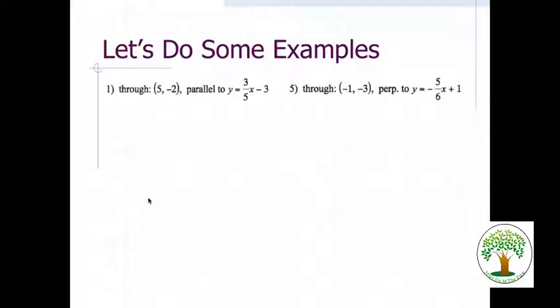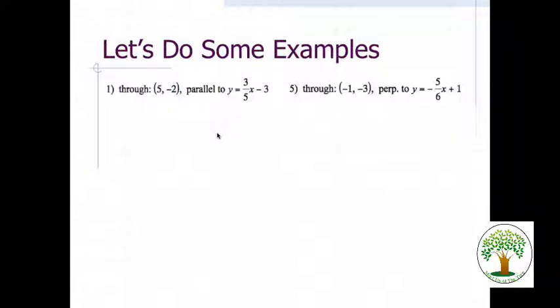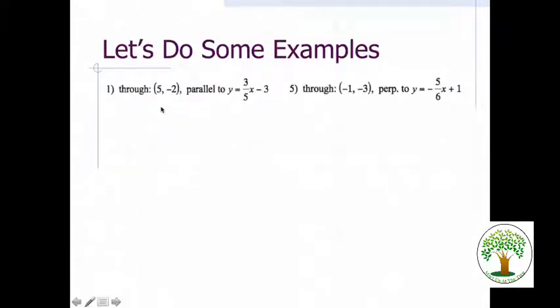The instructions say, write the slope-intercept form of the equation of the line described. The line we have is going to go through this point and be parallel to that line.